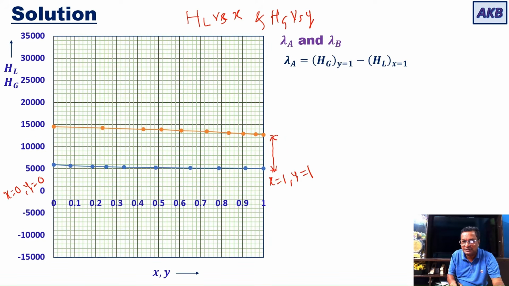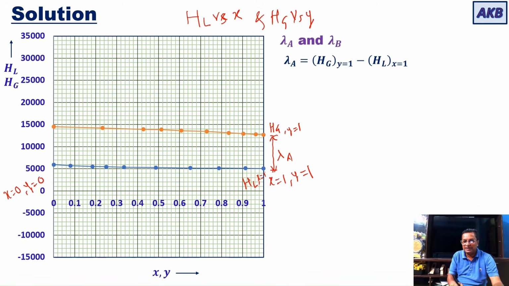So this is lambda A. This point is the value of Hg at y is equal to 1, and this point is HL at x is equal to 1.